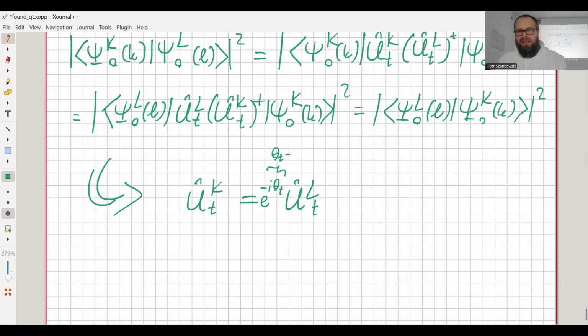You can set this gauge phase to 0 without loss of generality, because the phase doesn't affect the transformation of projection operators, right?